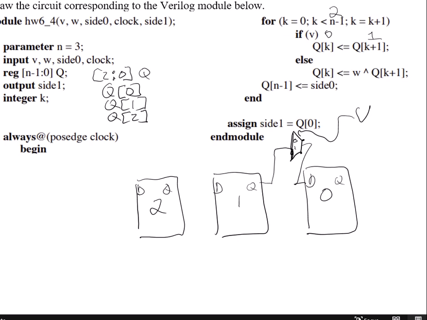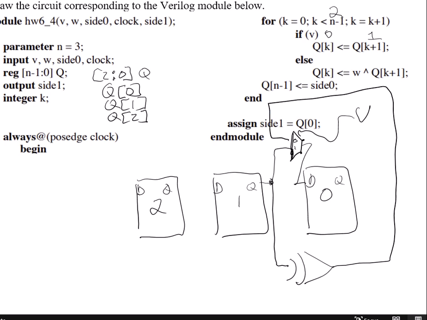If instead V is 0, then Q0 becomes the exclusive OR of W and Q of 1. So I've got an exclusive OR. So that is my for loop.